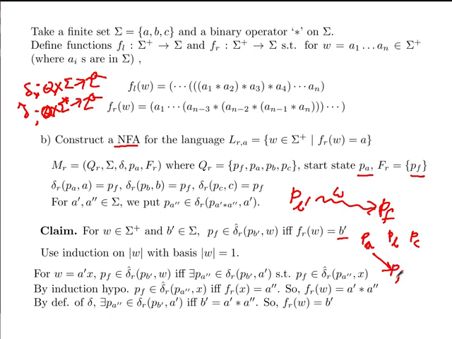So what is the string here? This transition is on A, right? You see from PA you have this transition. Since this is an NFA, strictly speaking I should put a set here, but this is a singleton set.